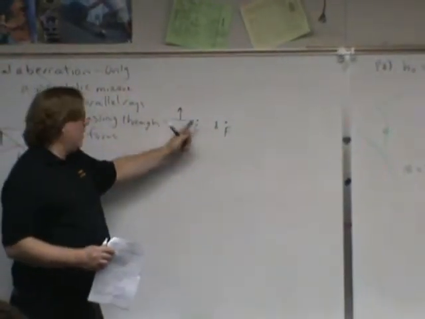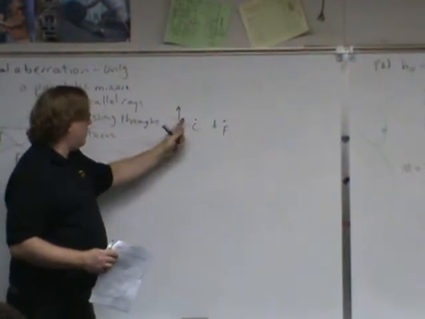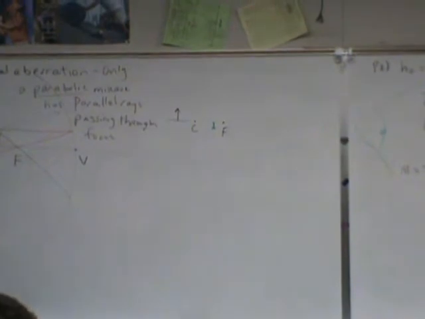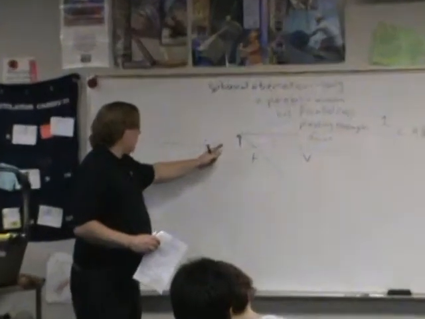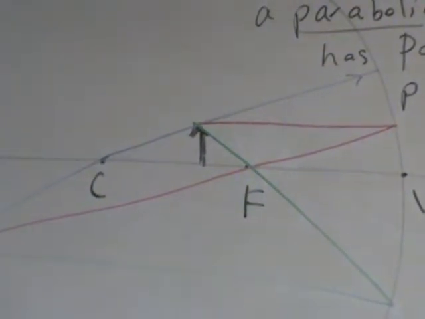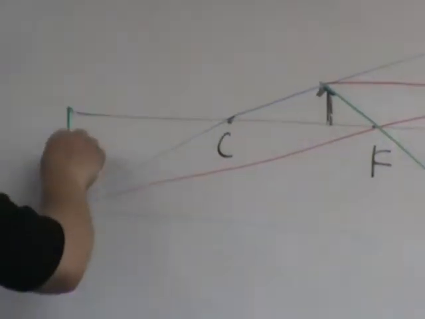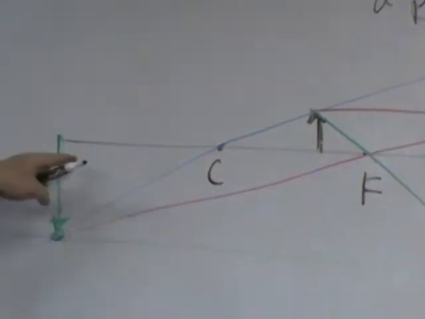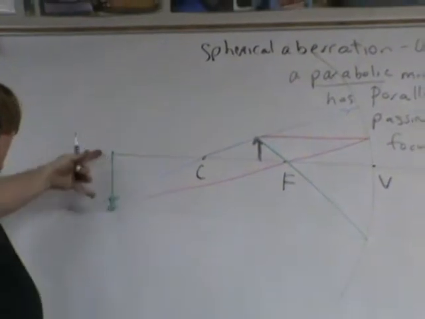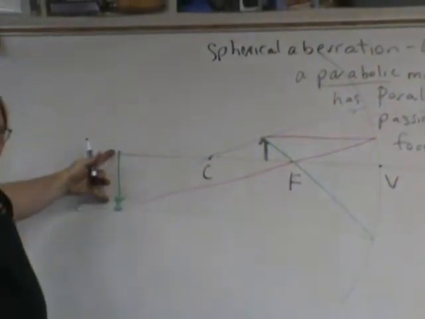Then the next drawing, the object was between the center of curvature and the focus, and we found the image was still real, but the image distance was farther than the object distance, and the image was enlarged.